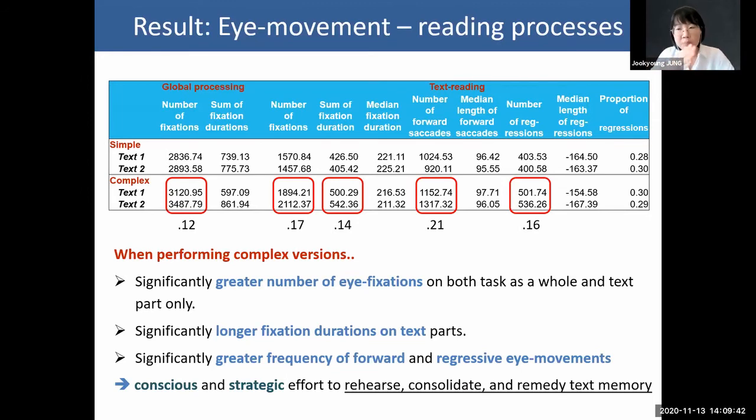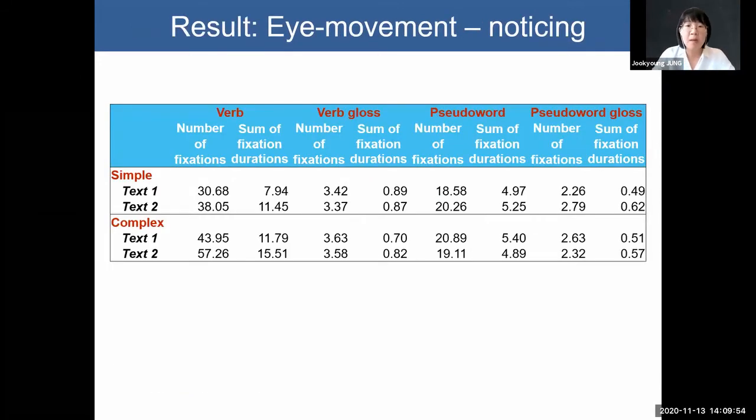They had to process the text more intensively and repeatedly and stayed longer on the text, indicating more intensive text processing, reading processing.